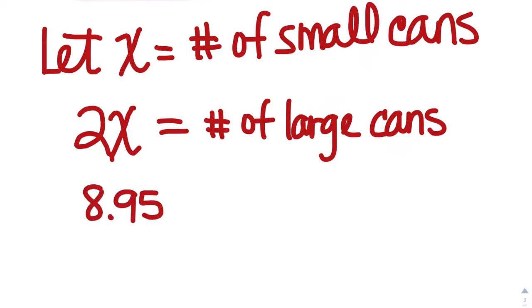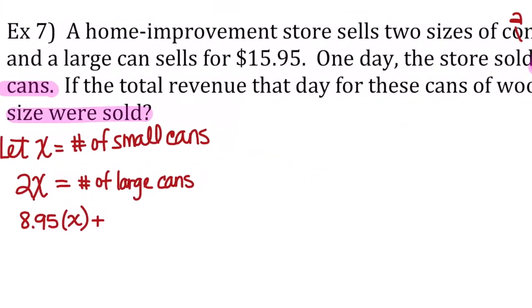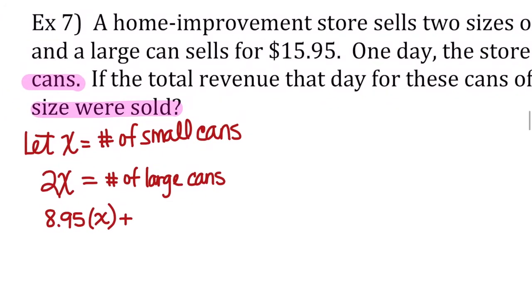times how many cans I have, plus I'm going to do the value of the large can. The large can is $15.95. So I'm going to do $15.95 times 2x, because that's how many large cans I have.